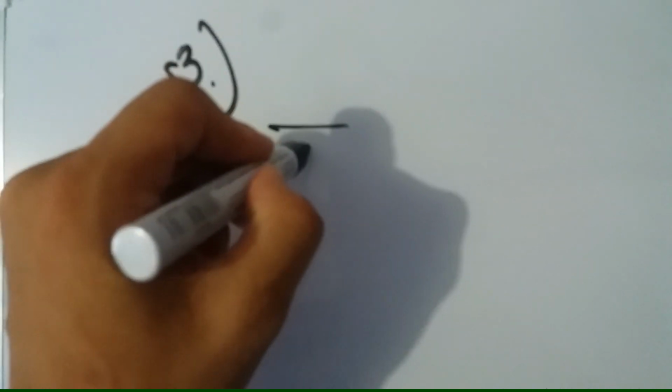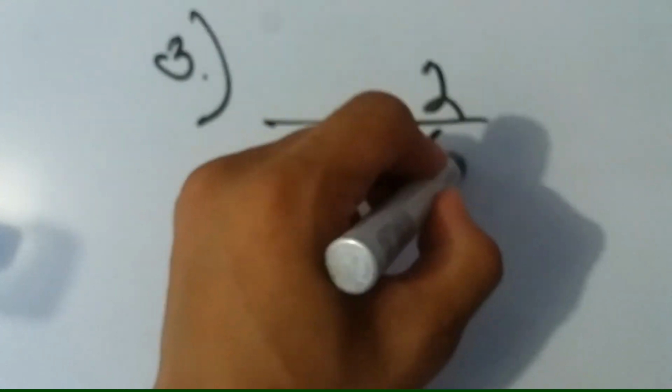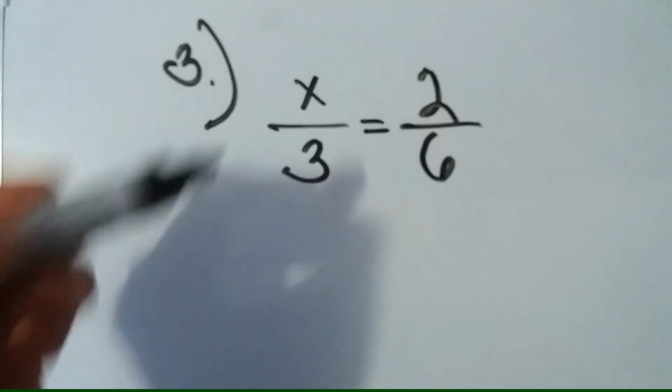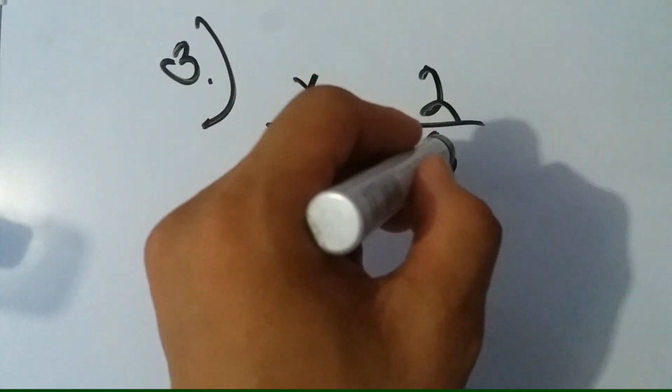Rule number 3. The numerator of one fraction equals the product of its denominator and the other fraction by cross multiplication. So for example, the numerator is missing and you have this problem. So x is the product divided by the denominator.